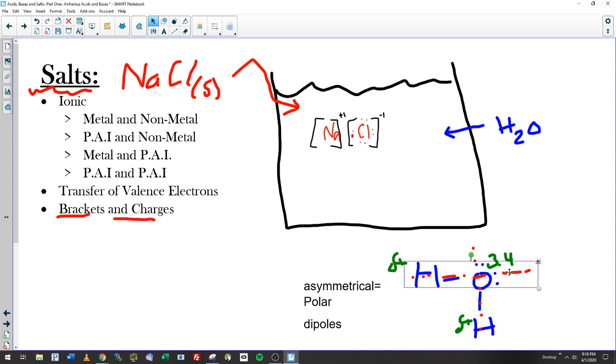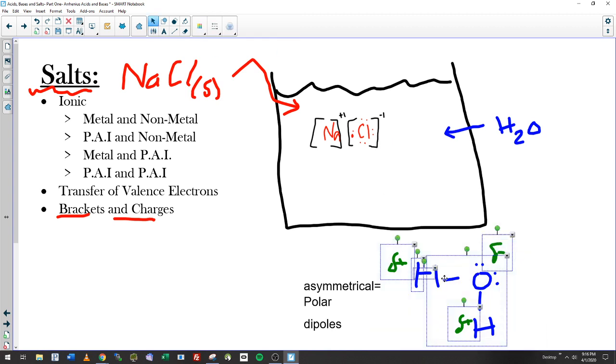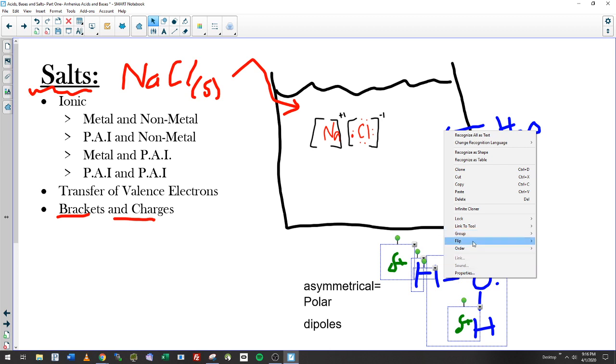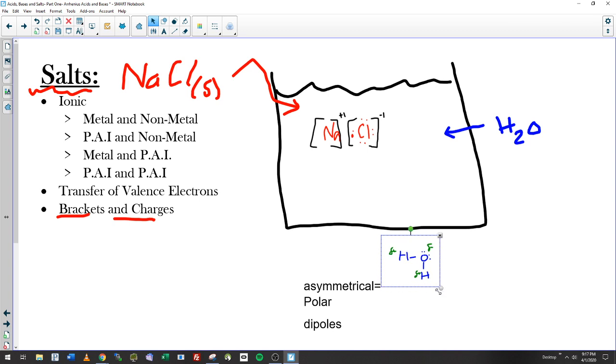Let's get rid of these lines. Let's get rid of that number. Okay, and let's put in the dipole, which is delta negative. And let's group this guy. Group, shrink. Awesome. And let's put them in the same container.